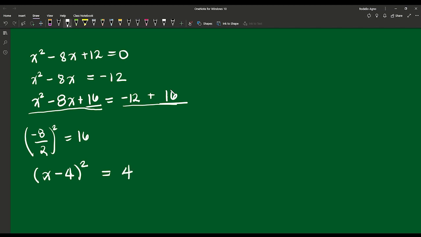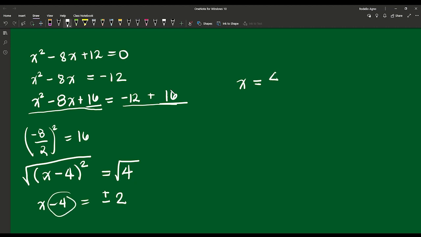Pagkatapos, kuhanin natin ang square root ng parehas na sides ng equation. So, meron tayong x minus 4 na lang equals positive and negative 2. So, meron tayong dalawang values for x. Yung una, x equals, ililipat natin tong negative 4, magiging positive 4 na siya sa kabila.